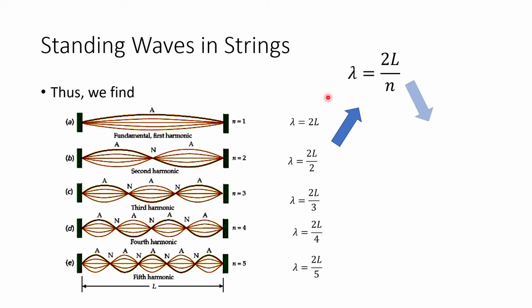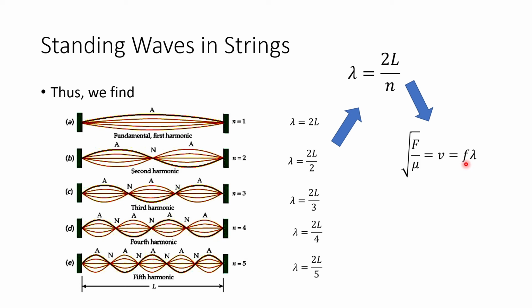And from there, since you know that v equals f lambda, but you also know that for a wave in a string, v equals square root of F divided by mu. Since I've already mentioned to you that F can be manipulated by changing the weight on the pulley side. So if you change F, you can change v. The frequency f is fixed here.